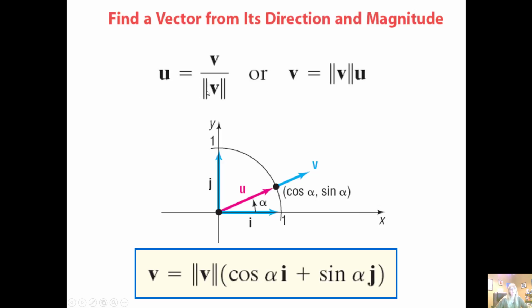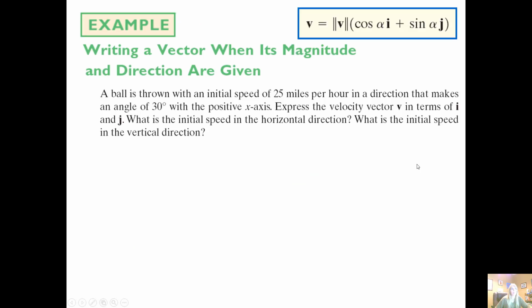Last time we said v is the magnitude times this unit vector. In this case, the x direction would be my cosine, and my vertical y direction would be my sine. So this gives me how I can find a vector from its direction and magnitude.